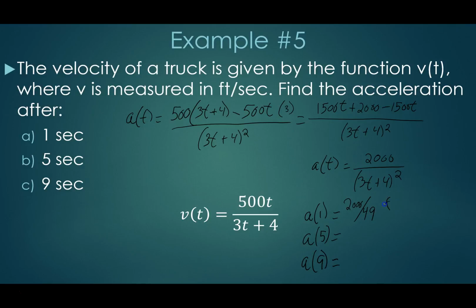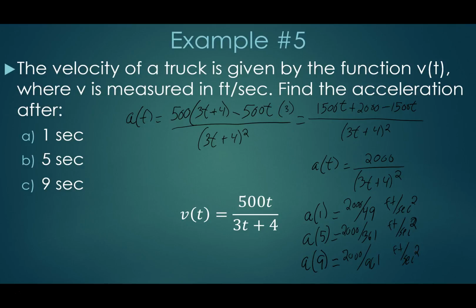And then the units would be feet per second squared. Acceleration is always the length over the time units squared. For 5, it would be 2000 over 361, again feet per second squared. And then finally, when you plug in 9, you get 2000 over 961 feet per second squared.